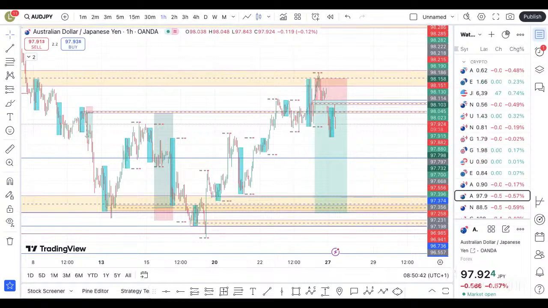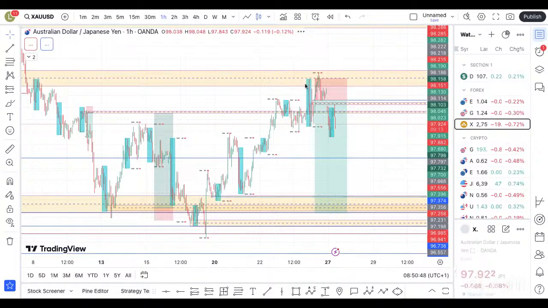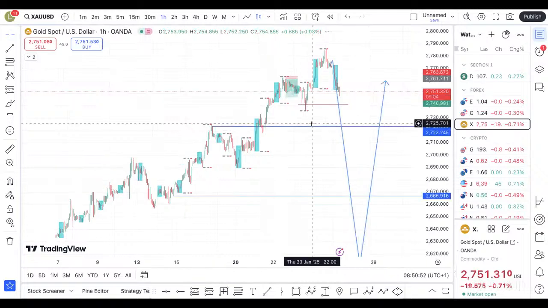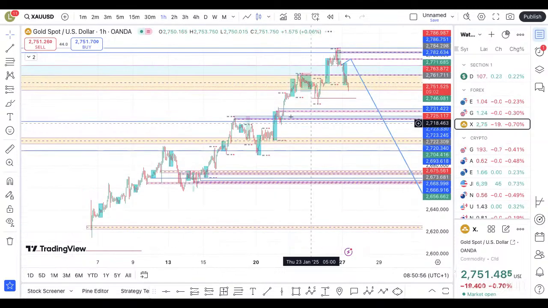All right, so this morning we are going to start with the precious metal gold, and from there we move to Japan to see what is going on in the yen basket, and from there we move forward to see if there is any asset class we are looking to trade right away.